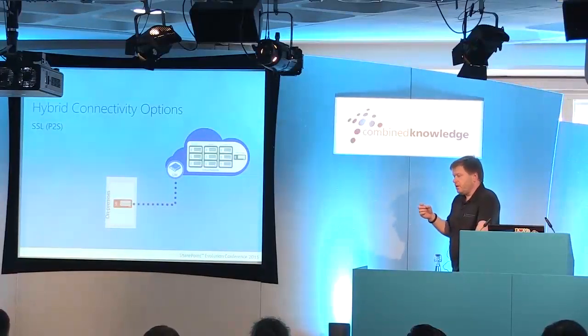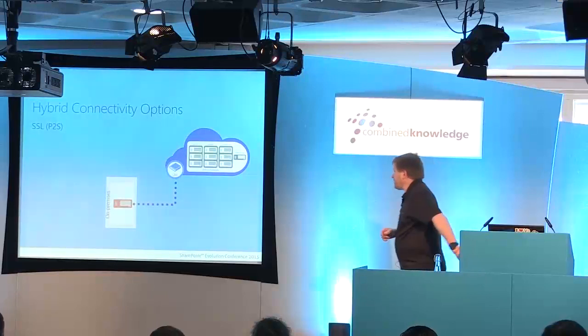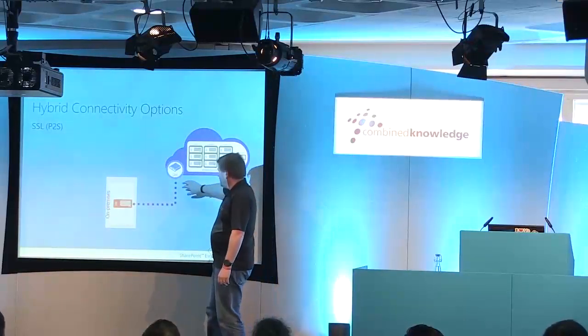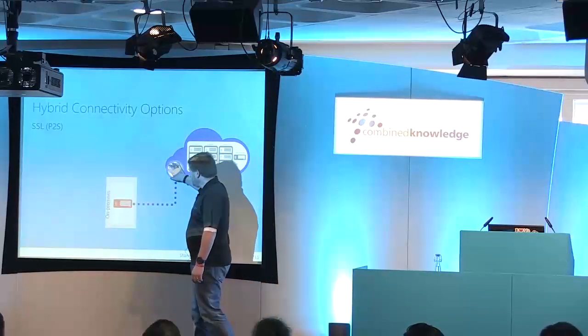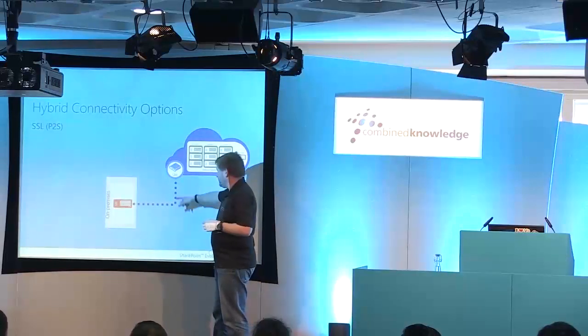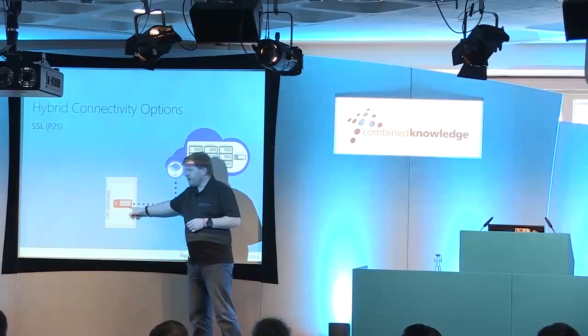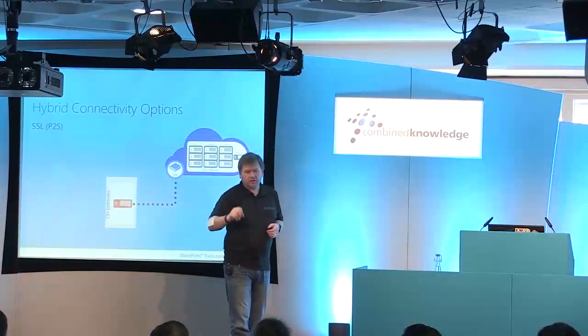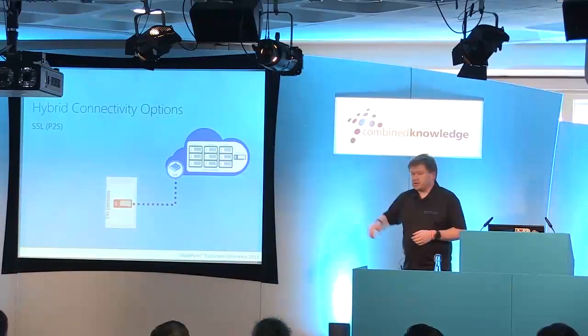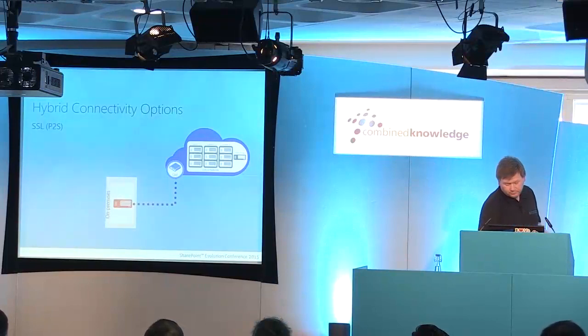I'm thinking about maybe a remote worker. This is my Azure environment out here. I have an application, might be SharePoint, could be something else. And I have a gateway definition here. The gateway is simply like a VPN gateway, if you're familiar with that technology. And all I'm doing is allowing on-demand dialing for users to connect to that point site and connect to the solutions inside the Azure cloud.